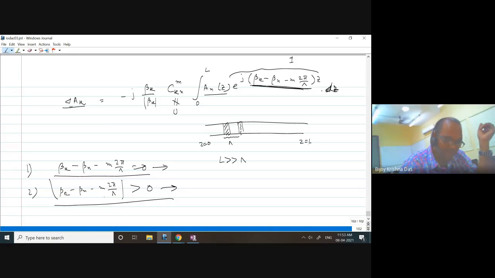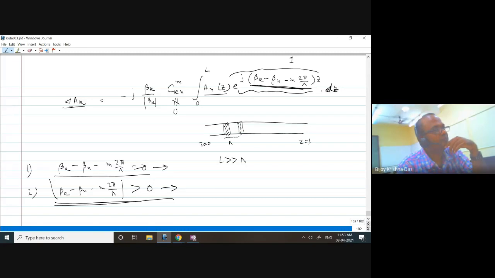So that means if this is somehow greater than 0, then this sinusoidal function exists, so the integration will become 0. Once it is becoming 0, delta ak will be equal to 0, right? So you can have a perturbation, but if the perturbation is such that this beta k term is not equal to 0, then it is as if nothing is happening.